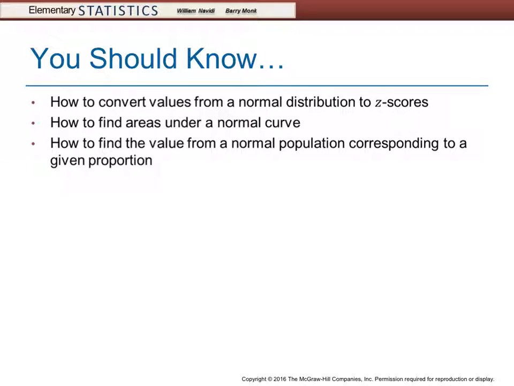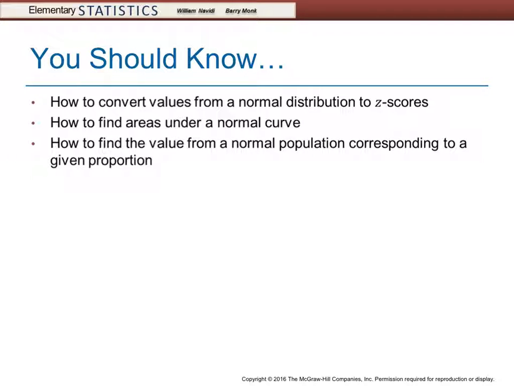So in this chapter, you should know how to convert values from a normal distribution to z-scores using the z-score transformation. You need to know how to find areas under a normal curve, either through a table or using the normalcdf function on the TI-83 or 84.